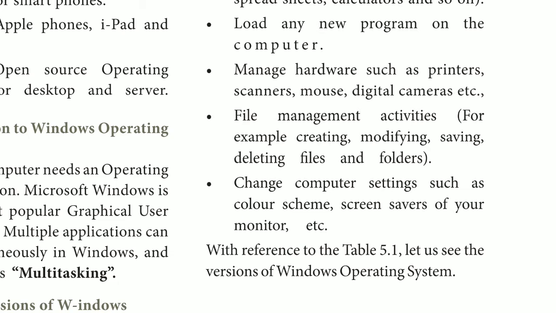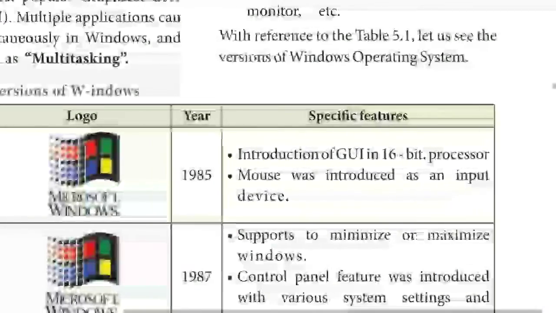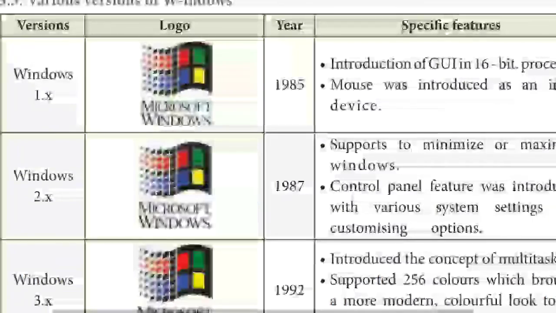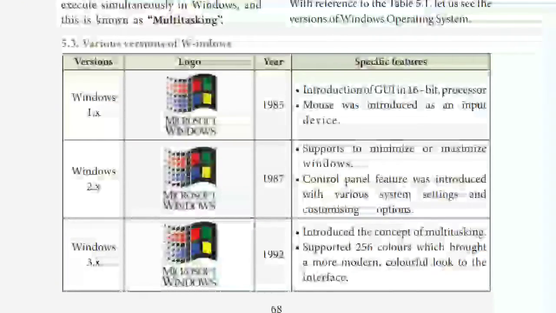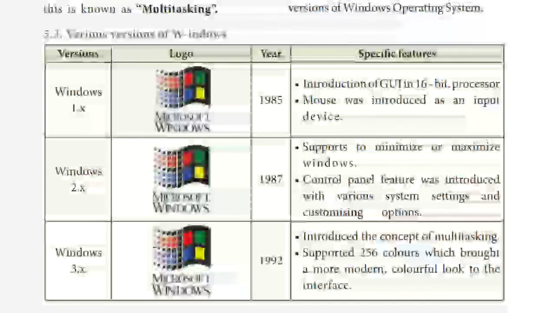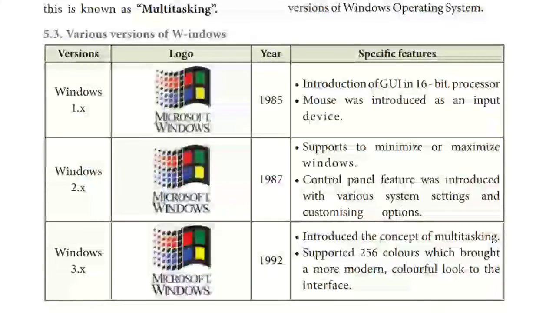Upcoming are the different versions of Windows that are available from the beginning. Let's look at the history. In 1985, the first Windows 1.x was introduced, and GUI was also used. Before that, they were using DOS, Microsoft Disk Operating System, which does not include a graphical user interface.